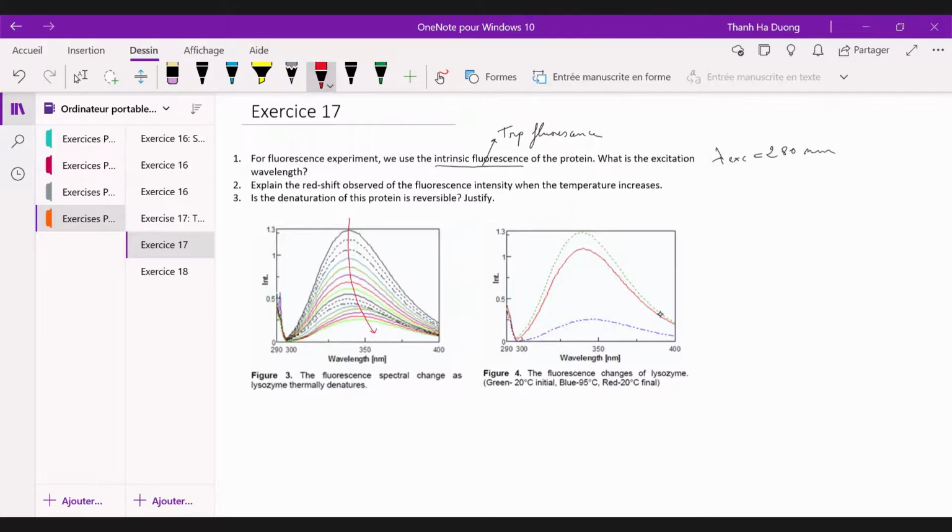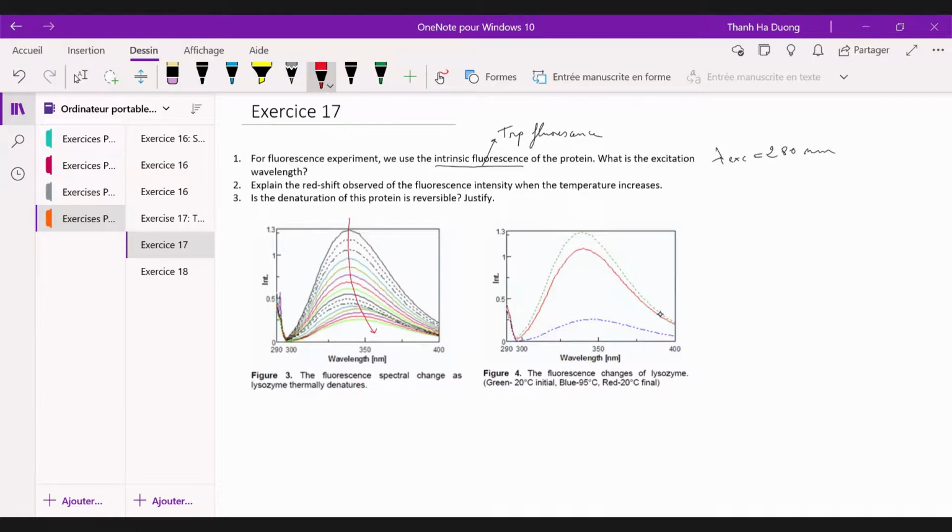So in a normal protein, the hydrophobic residues are located inside. And when we increase the temperature, the tryptophan of the proteins will be exposed to the outer environment, and it changes the polarity of the environment, and it causes a redshift. Perfect. I guess everyone has understood. Otherwise, you can explain in Vietnamese, it's easier.